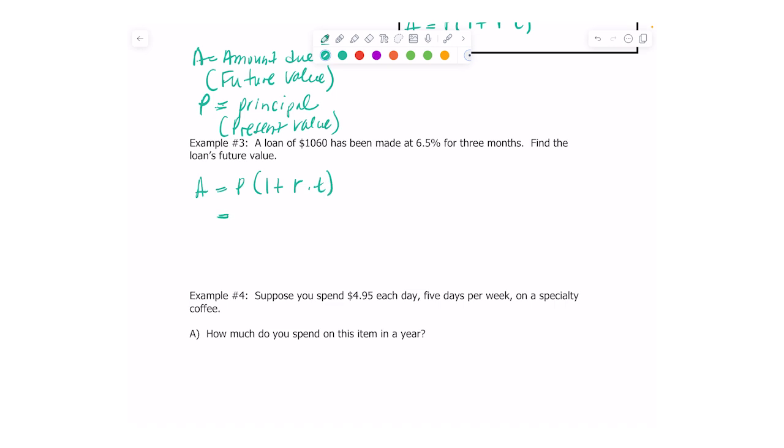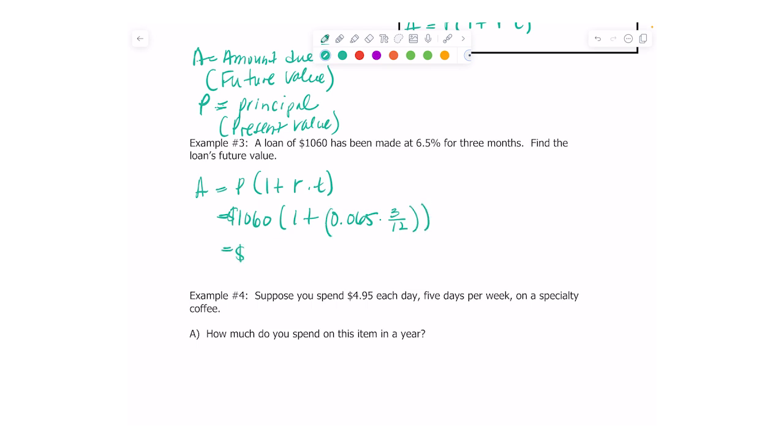So here, my principal would be the loan amount, which is $1,060, and I'm going to multiply that times 1 plus the rate. My rate is 6.5%, so we know that's 0.065, and then it's times 3 months. And remember, the time is based on years, so 3 months is 3/12 of a year.